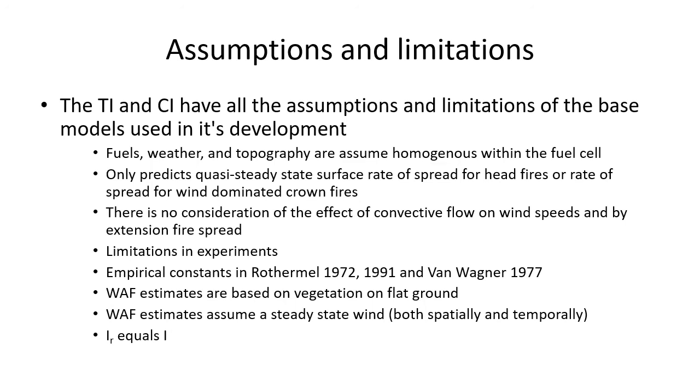All these models are limited by the experiments that were used to derive them. Right, all the empirical constants in Rothermel and Van Wagner, and then our stuff related to how our wind adjustment factors are calculated, which we've talked about in many previous lectures.